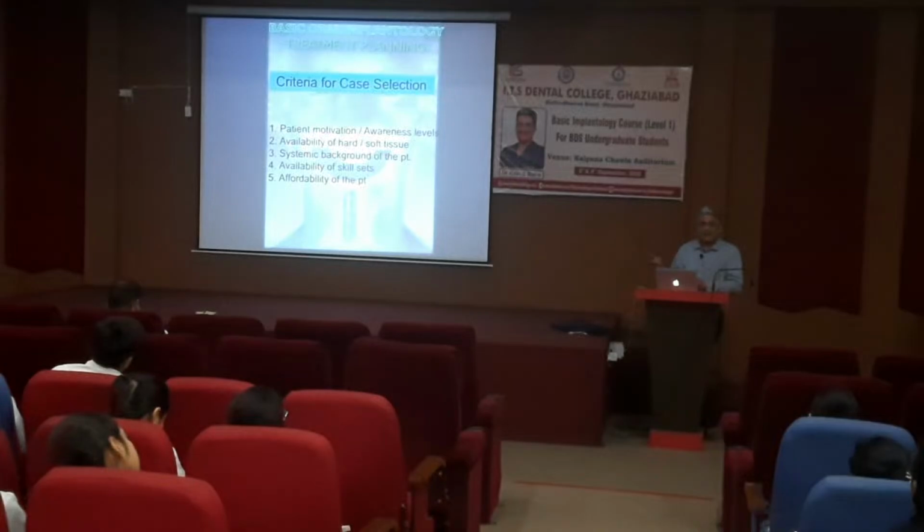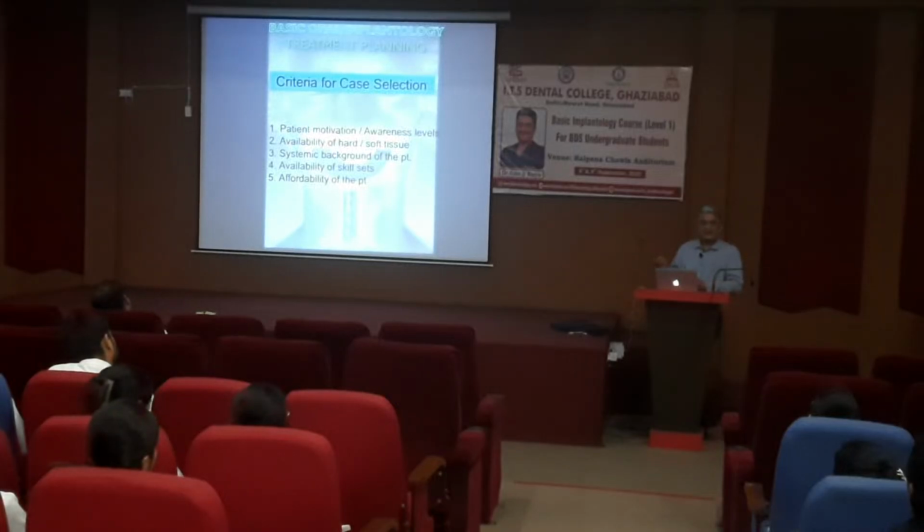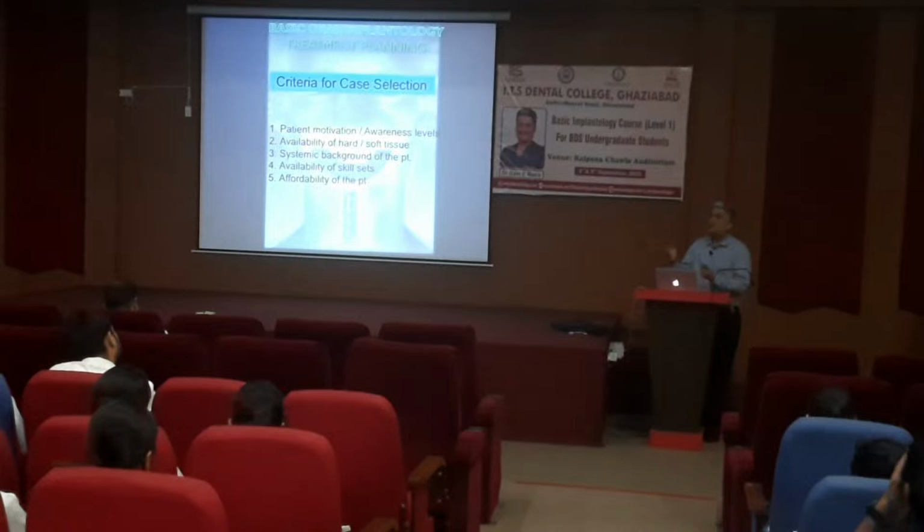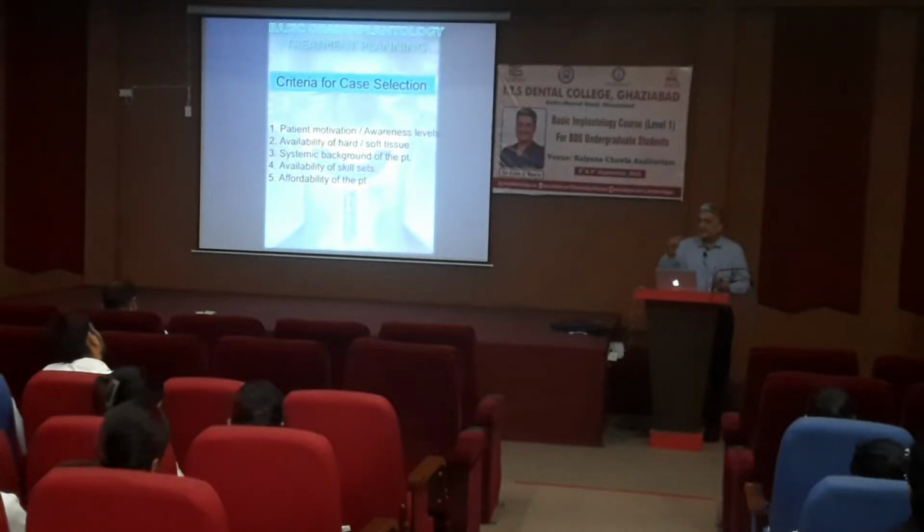When you ask the patient and he says, no, you told me X amount, now you're saying X plus Y, why this? So you have to see the affordability, give him the whole thing, the expenses. If you're not able to predict whether your expenses will be more, say that this is it, and maybe you'll have to add some more that will be decided in the second stage.